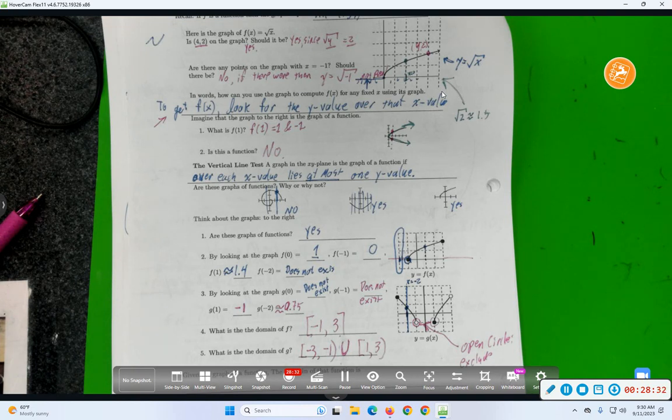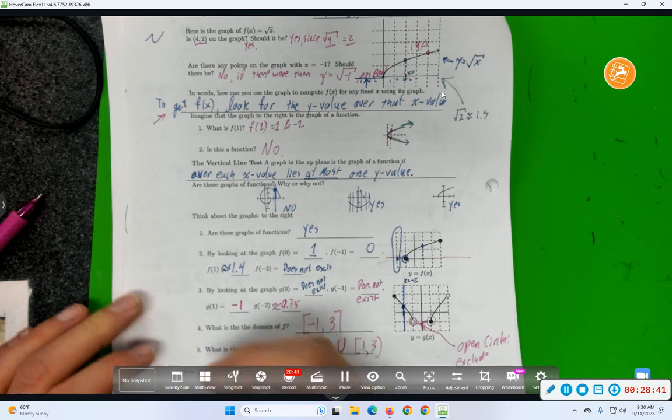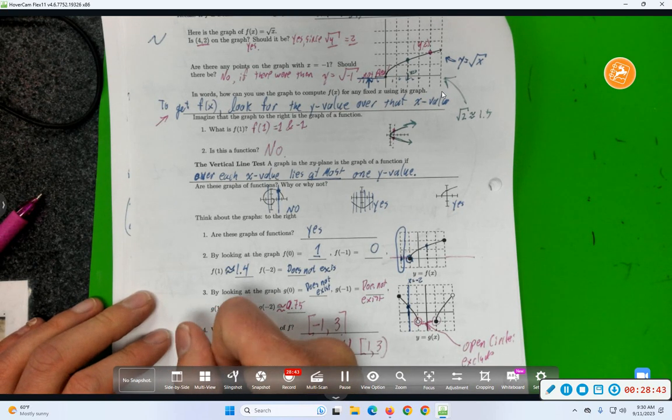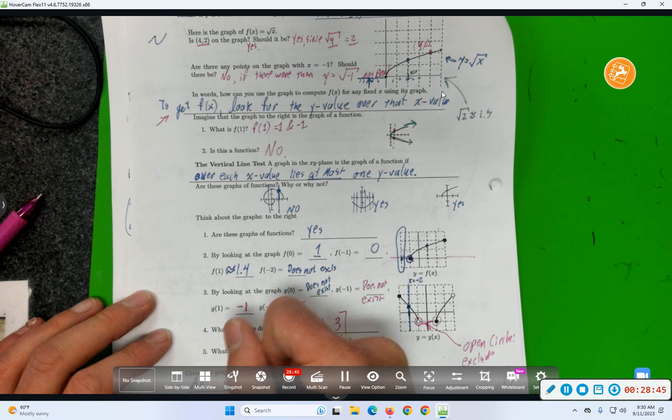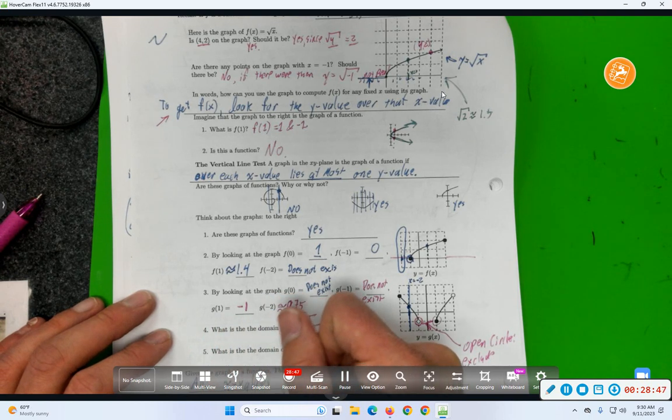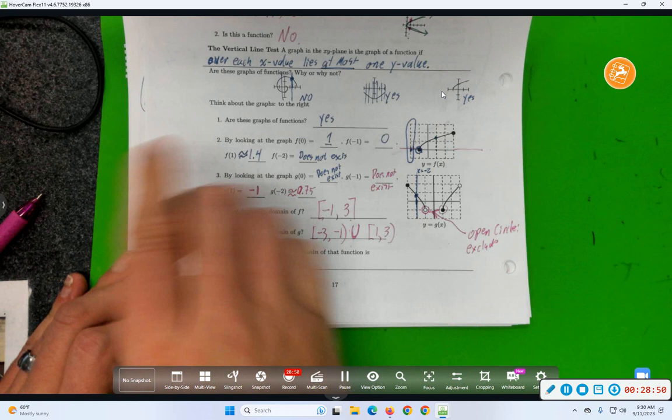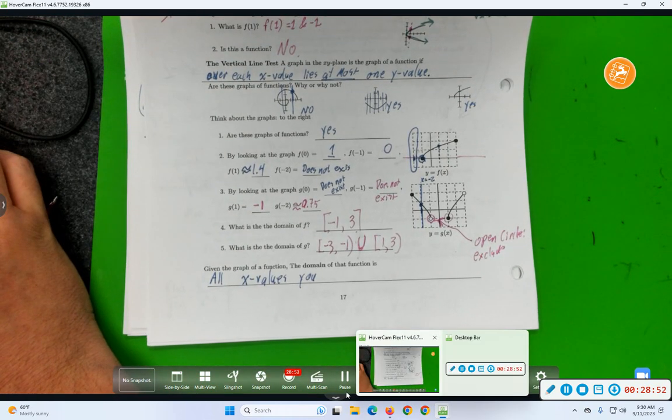So let's talk about this, just put that into words. You can read off the domain of a function from the graph by just seeing what x values you see on the graph. And maybe I'll make this little bar go away.